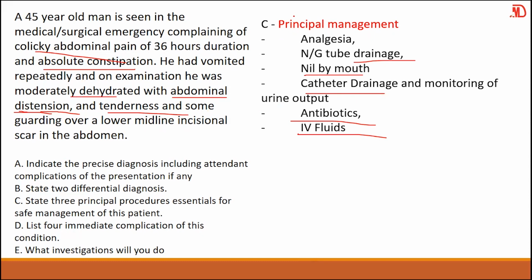So these things will be our principal management. So basically mention them. Sometimes on the question paper or the sheet, the space is very small. I tell people, even if you have to squeeze them, write them and squeeze them there. You don't want to miss anything out. Please write them down.